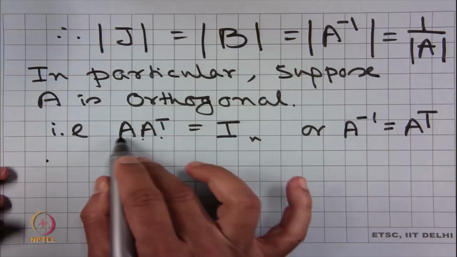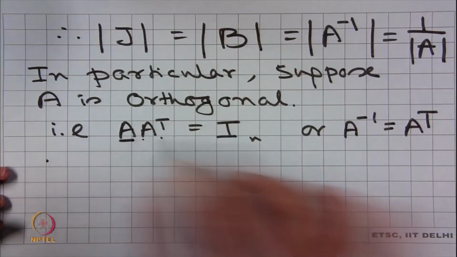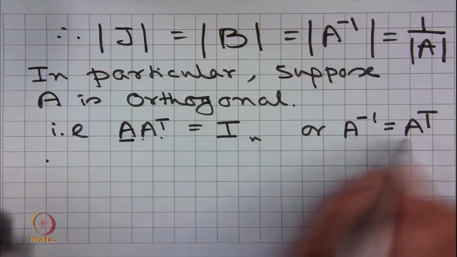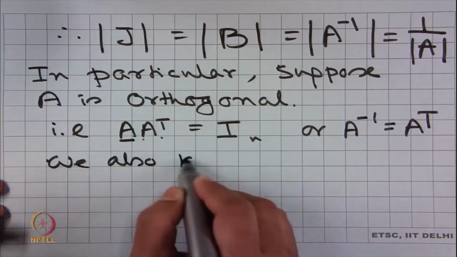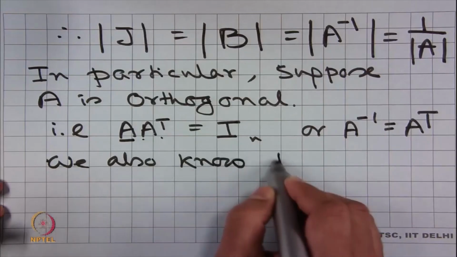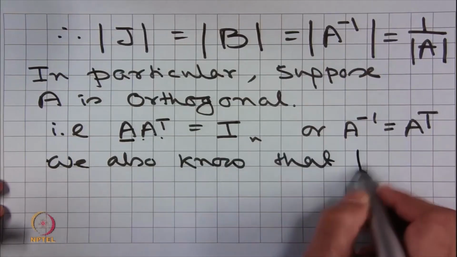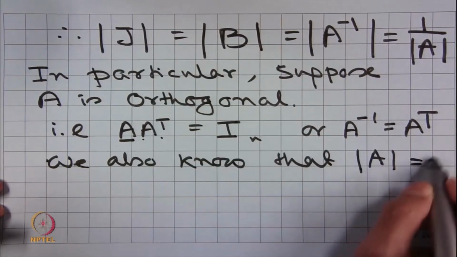Therefore, if we consider the transformation matrix to be orthogonal, we get this, and we also know that the determinant of A is equal to 1.